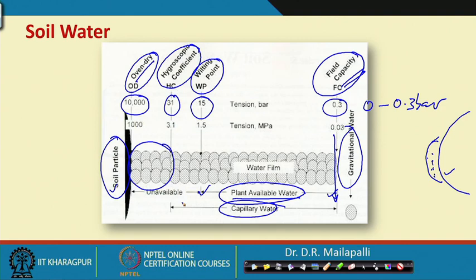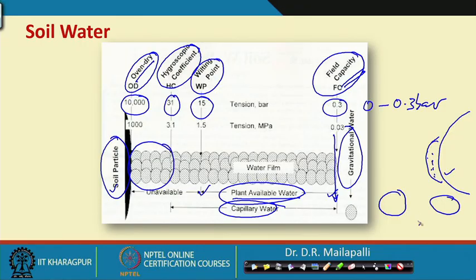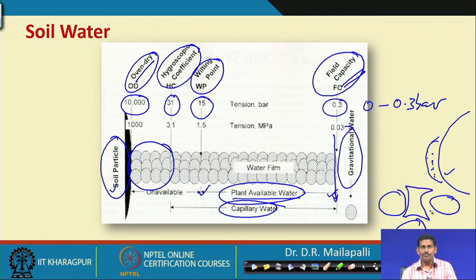So, in this slide what we are going to demonstrate is that the water present between the soil particles is held by certain forces. The first one is the gravitational force. With the gravitational force, water will pass through the soil particles, and it is not available to the plants.